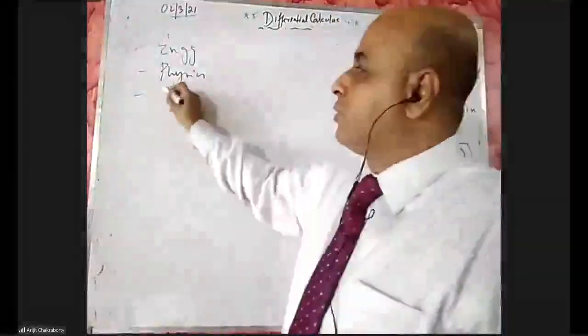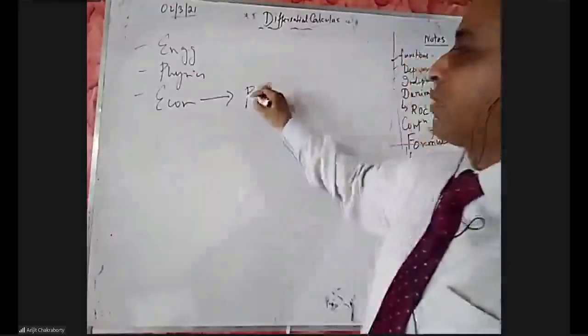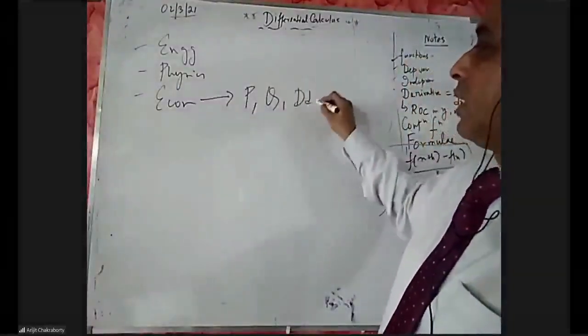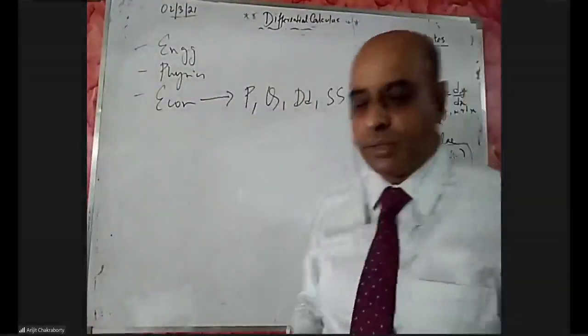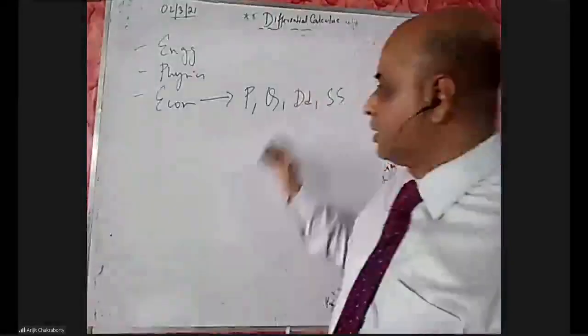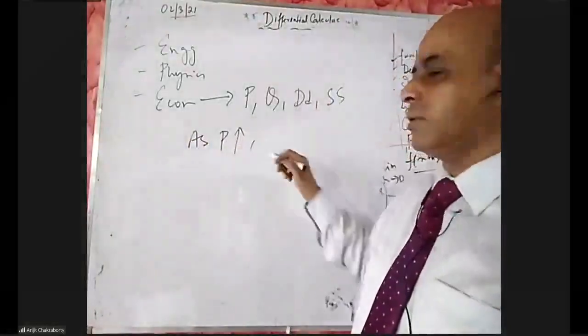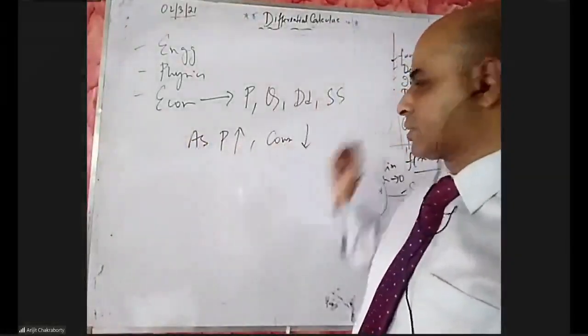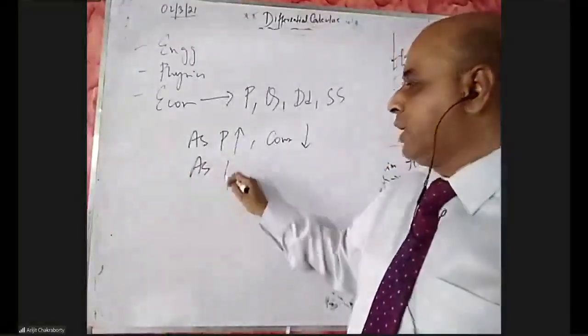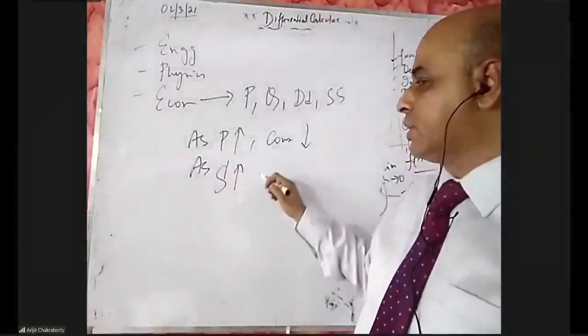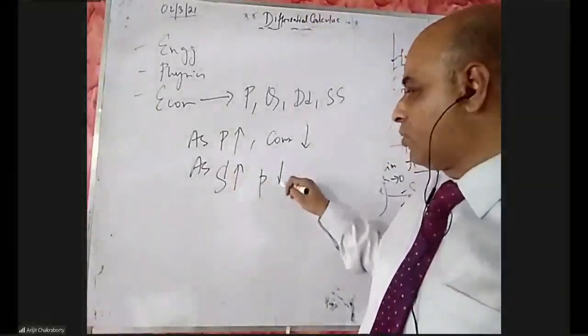Now with respect to economics, definitely we deal with price, quantity, demand, and supply. These are the basic things we deal with. And I was discussing, of course, that as price increases, consumption will decrease. As supply increases, price will fall.